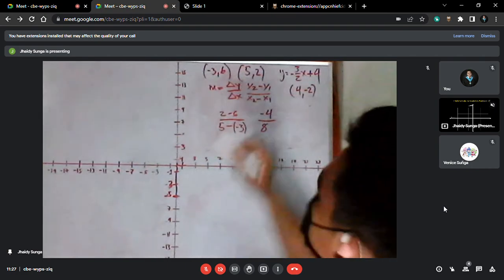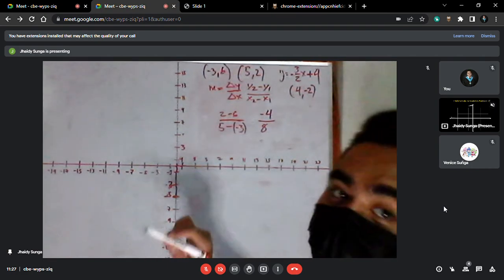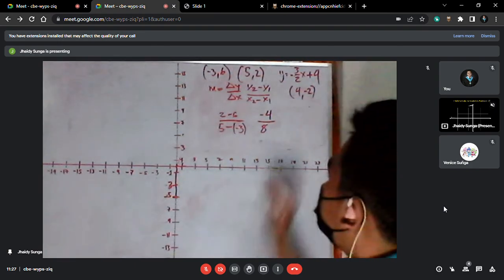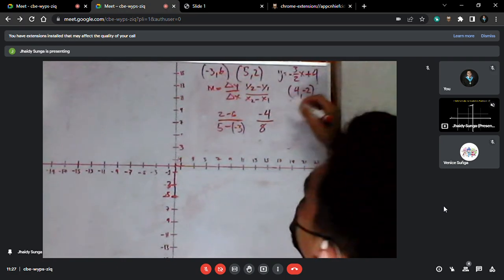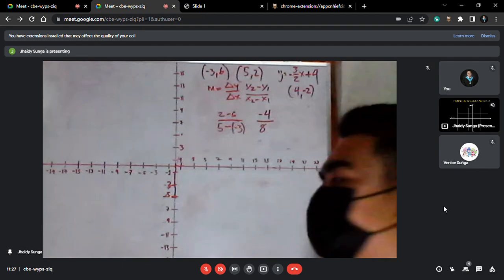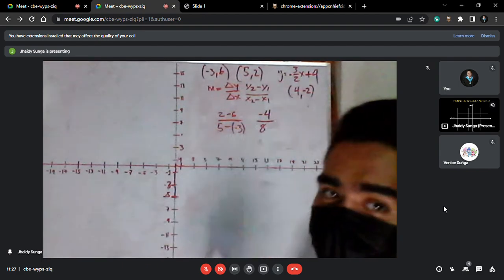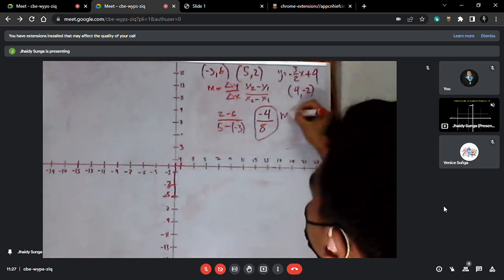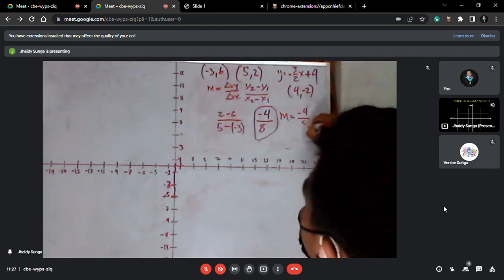I just saw some students make mistakes here: if we have a minus and a negative sign, we turn it into addition, we change signs. So it is negative 4 and 8, and we could say that m is equal to negative 4 over 8.